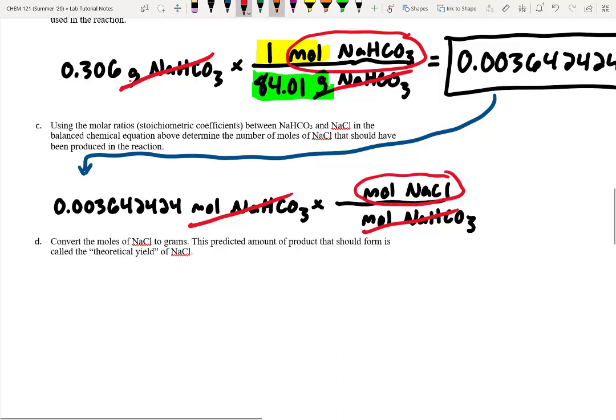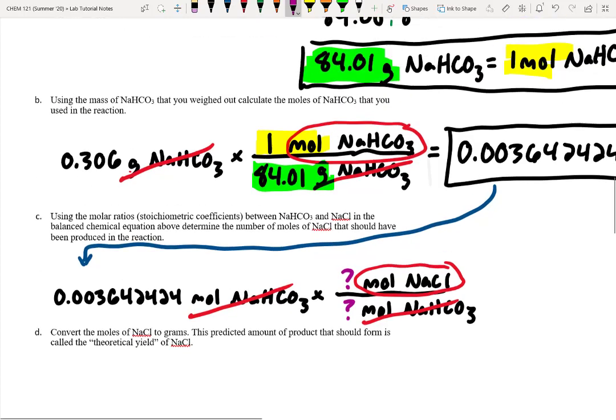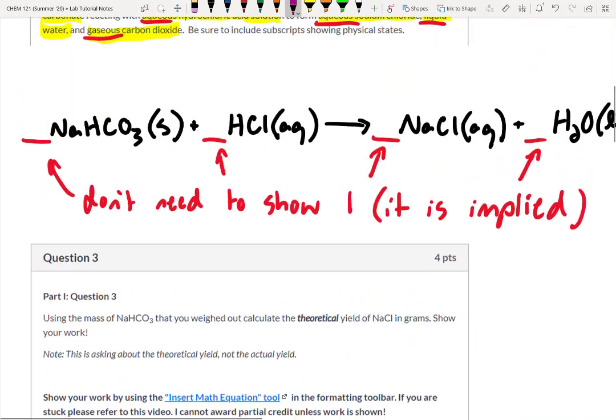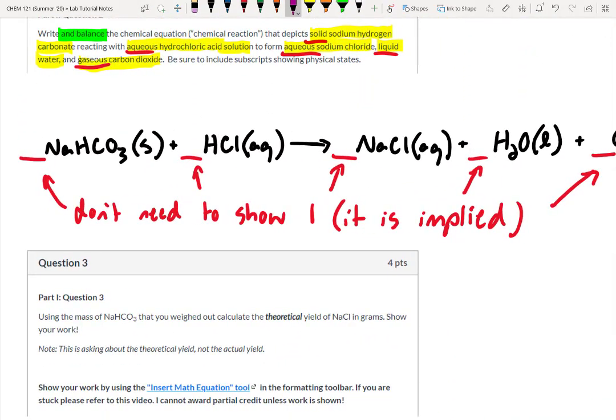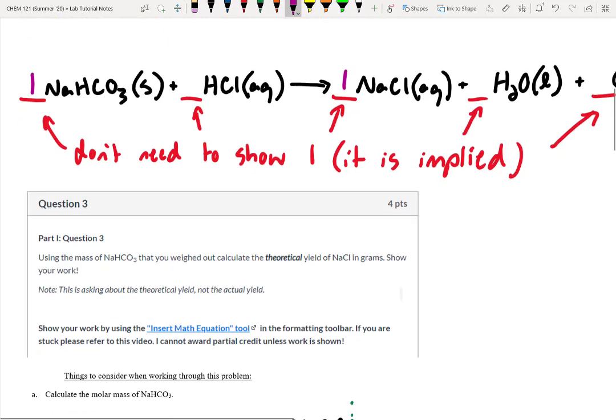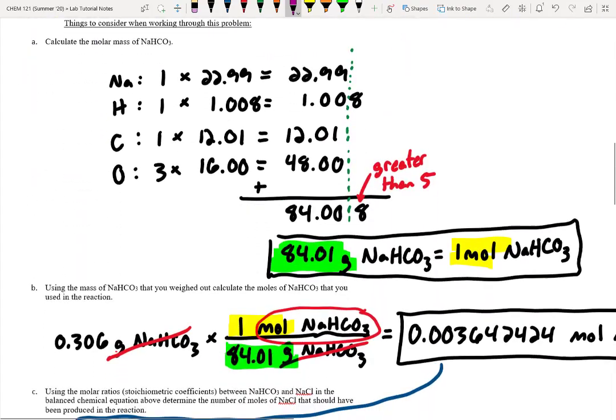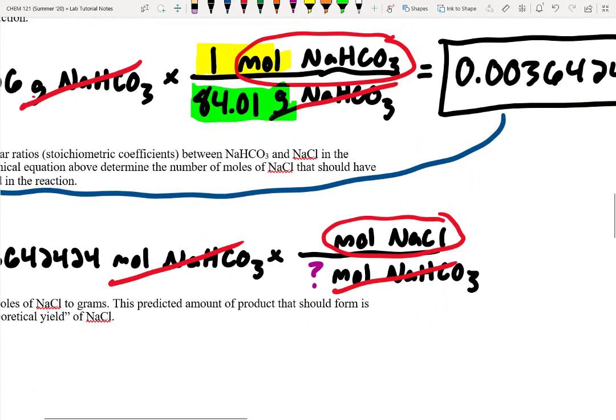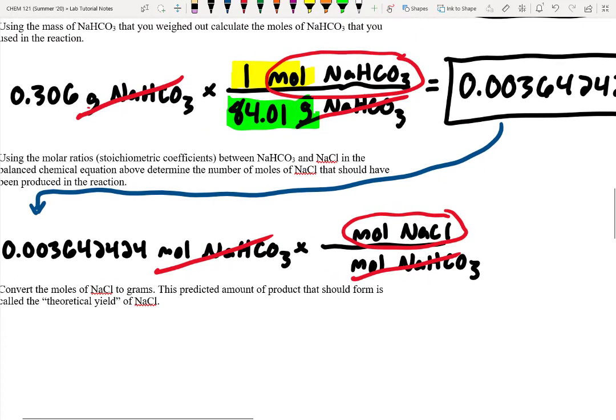So what it means right here where it says use the molar ratios is it's saying how many moles of each are in the balanced chemical reaction. Well, let's go ahead and check, right? If I go up and look at my balanced chemical reaction, it's assumed to be a 1-to-1 ratio, right? We didn't show those ones, but they're implied. So let's just plug in the 1-to-1 ratio for this problem. And some of you might be thinking, isn't this kind of silly? Well, kind of, right?